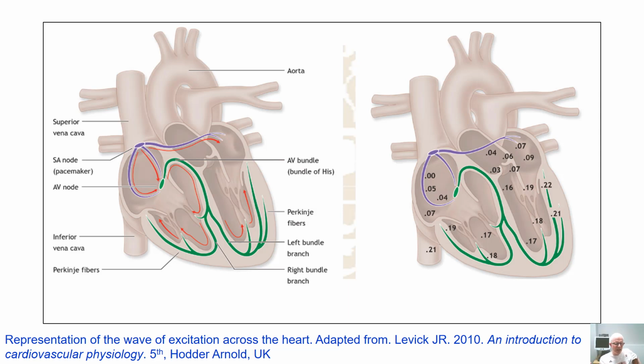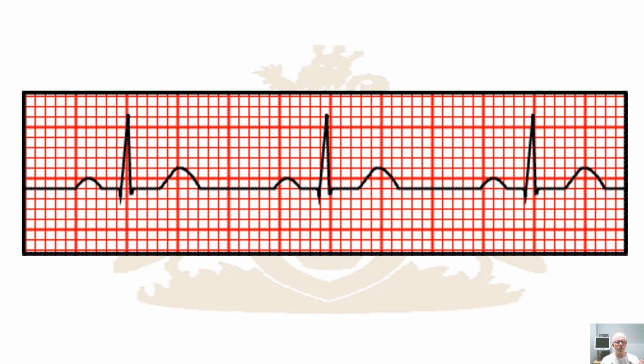So we gave the example of the AV bundle of His at about 0.4 seconds, but you could also see at the same time, as we mentioned, for example, the AV node. So the more factors that are involved is going to dictate to a degree how big that signal is that you're seeing on the ECG trace that we see here.